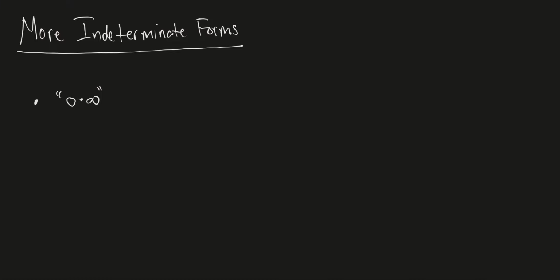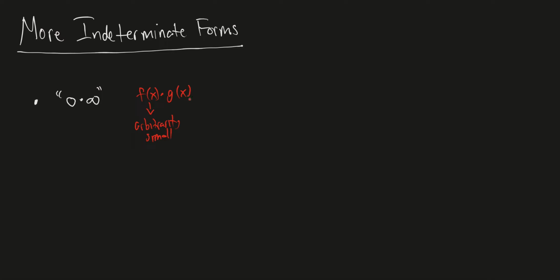What you have here, essentially, is the product of two functions, right? And the 0 here is basically saying that this function is getting arbitrarily small. You have one factor that's getting smaller and smaller and smaller.